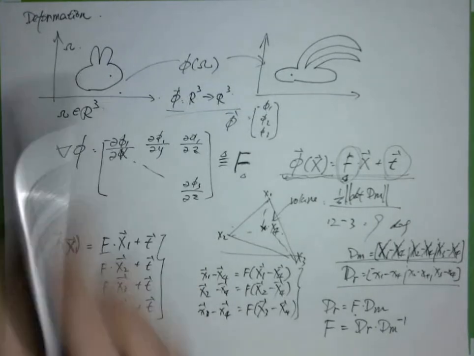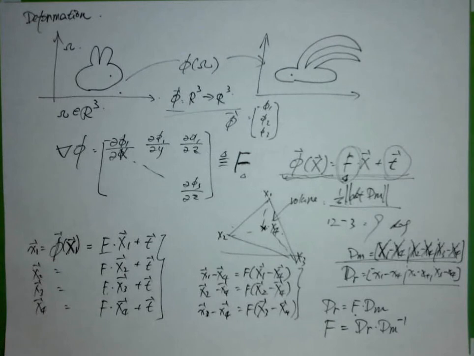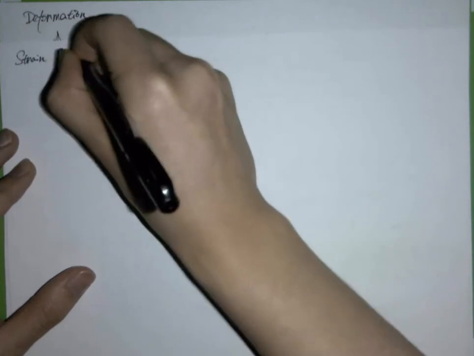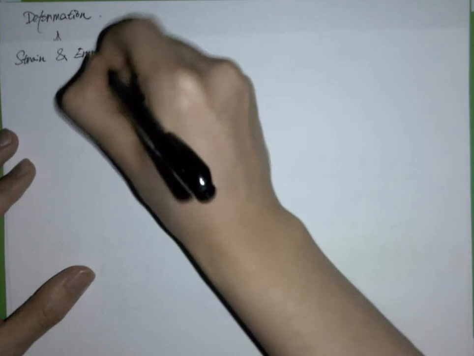And then we want to see how the deformation gradient is different from the rest pose. We want to measure the strain of an arbitrary element. So, strain and energy. All right.